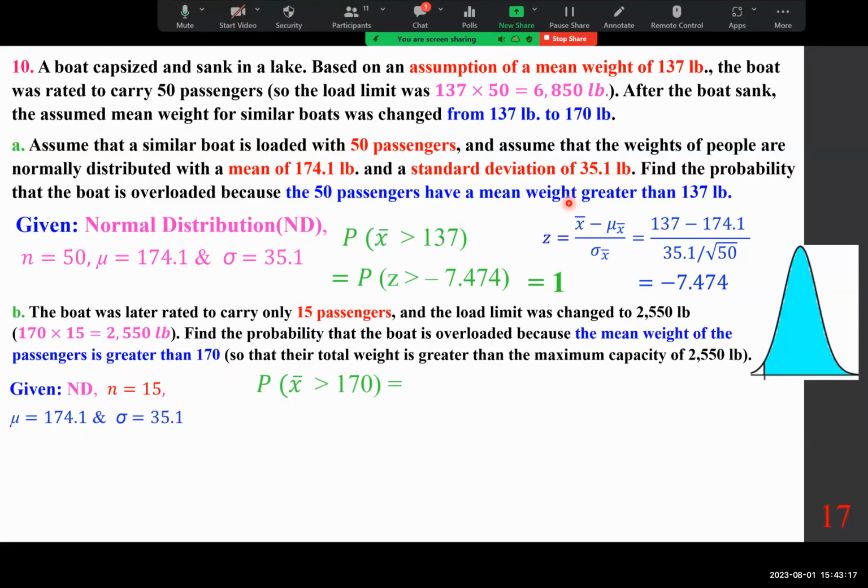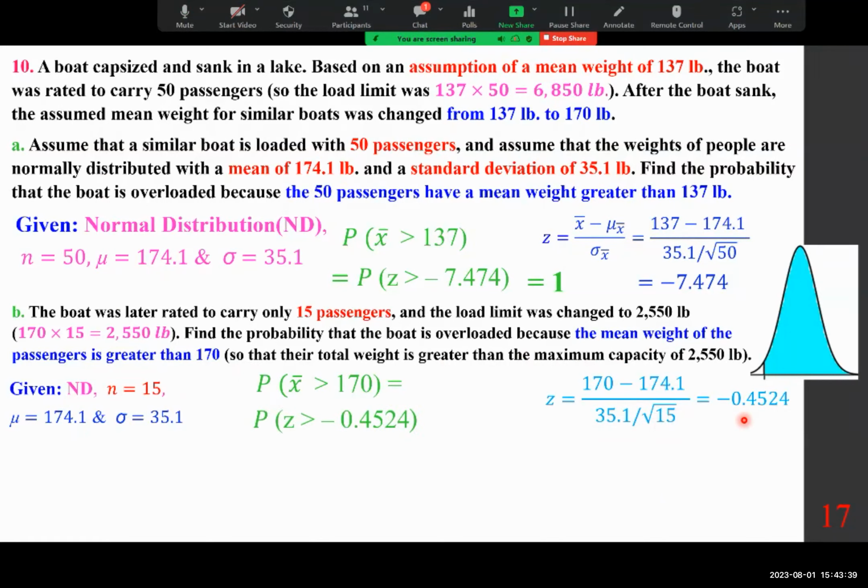So we go to this formula and we calculate the Z, which is X bar, which is 170, minus mu of X bar, which is 174.1, over sigma, which is 35.1, over the square root of 15. You put it into a calculator, you come up with this answer. And again, you can graph this, use a table or technology, and you end up with a 0.6745. So it's somewhere here now that you calculated.